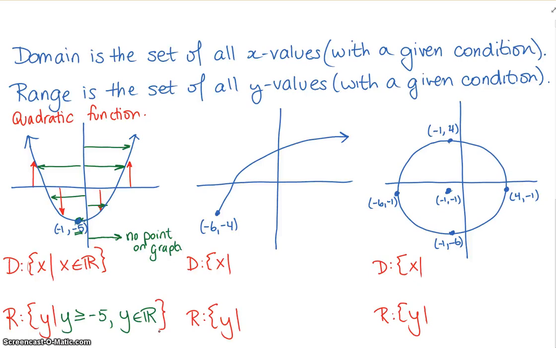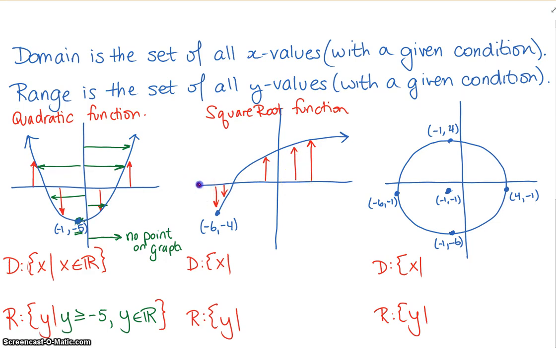If I look at the next example, this is actually referred to as a square root function. For a square root function, you need to consider the domain. Again, you want to look at what x values are going to map onto the actual graph. If you choose any of these x values, they're going to graph onto the blue graph.